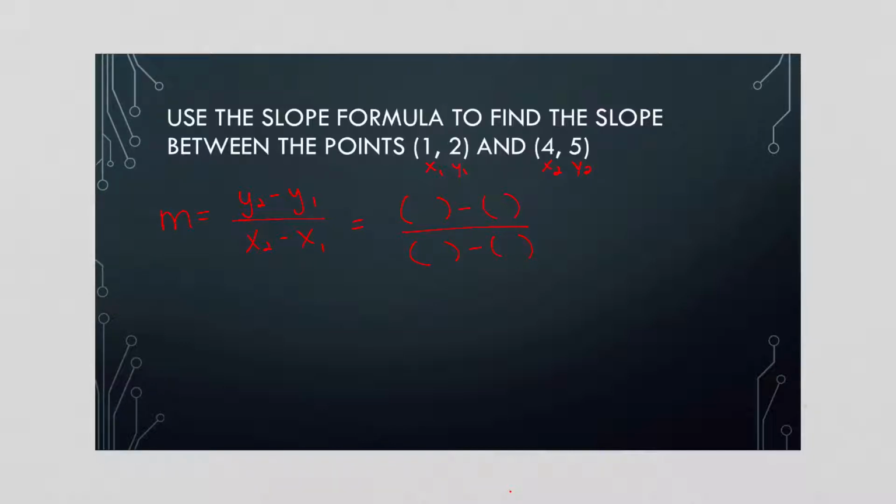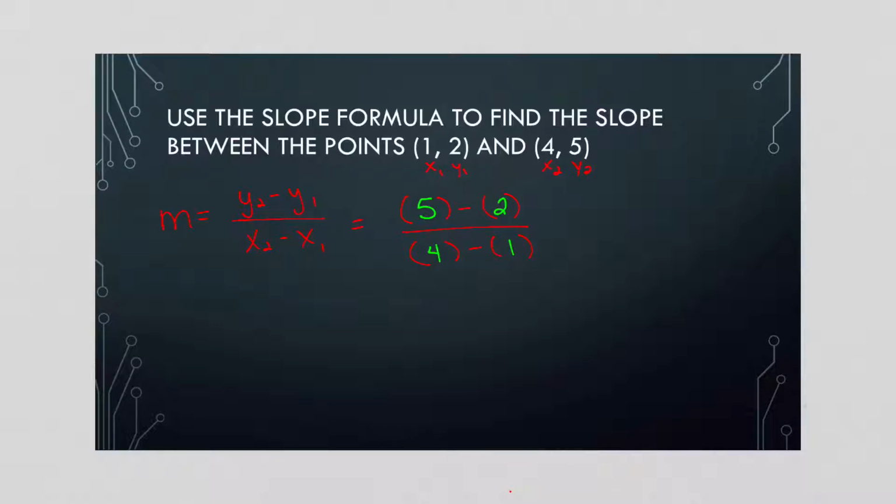So in the upper left position is our y sub 2 position, which in this case is 5. In the upper right position is our y sub 1 position, and that is 2. Lower left is our x sub 2, which is 4, and lower right is our x sub 1, which is 1.